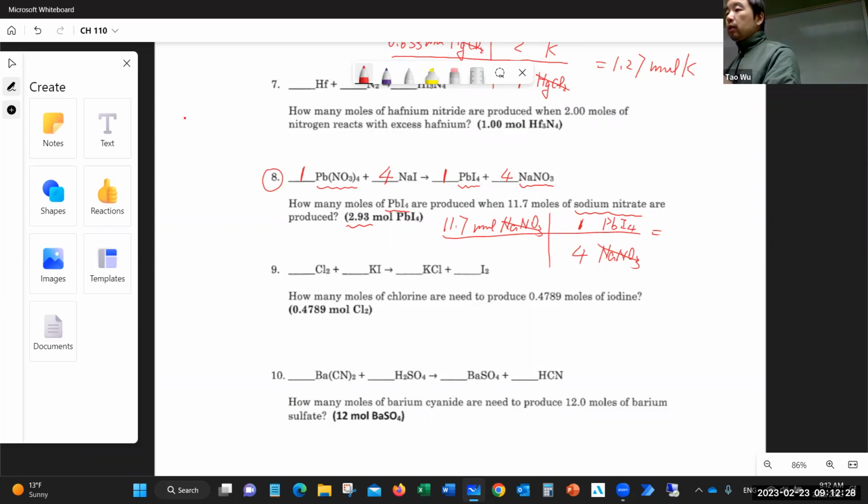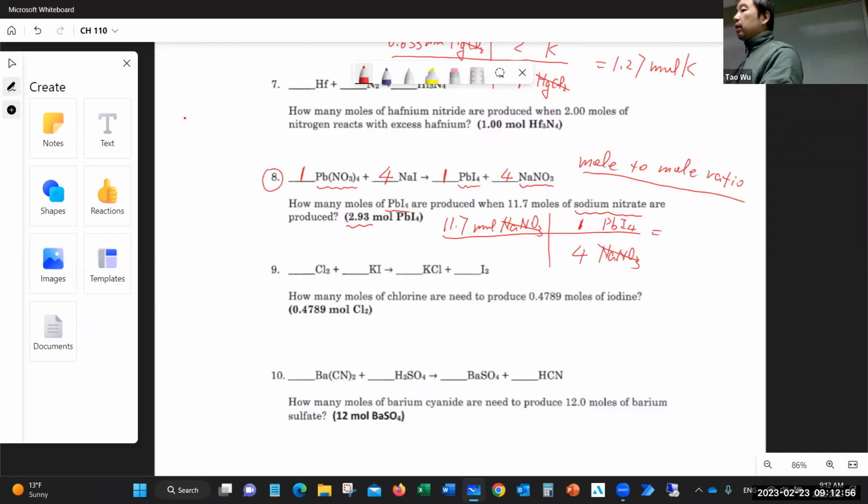So this kind of stoichiometry we call the mole to mole ratio stoichiometry, because we're using the moles of some compounds to figure out the moles of other compounds. And this is a fundamental for stoichiometry.